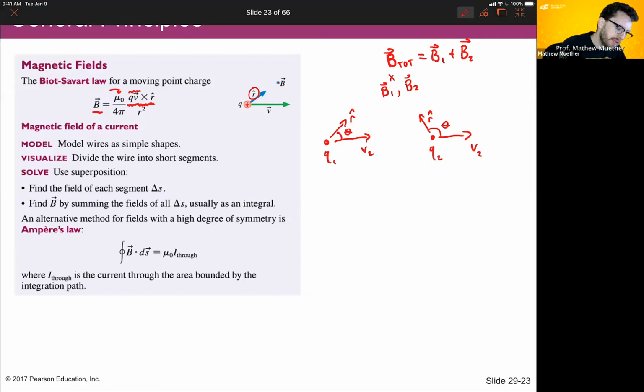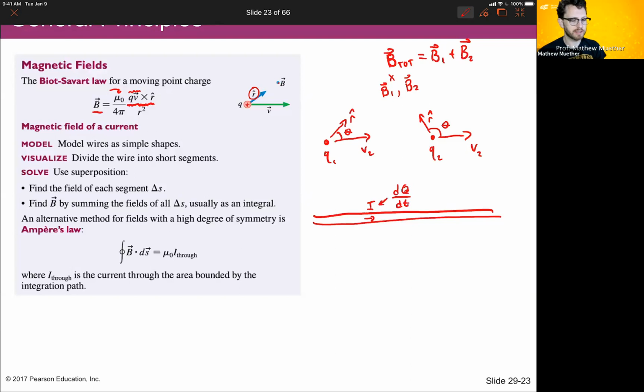So that means that if I had a wire that was carrying some current I, we know current I is just some amount of charge that's moving across some position at a given instance in time. So this is like a collection of a bunch of charge that's moving through this wire.